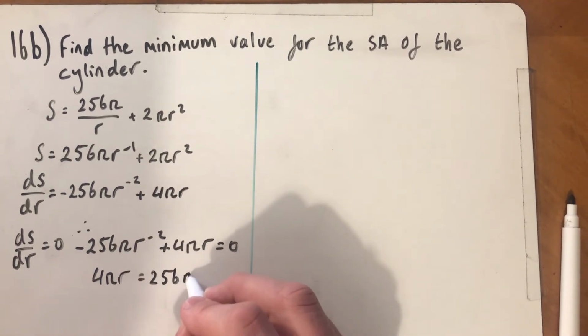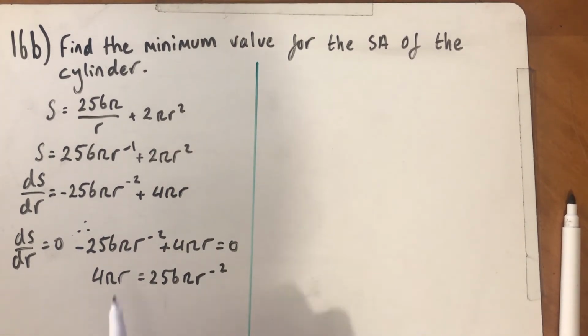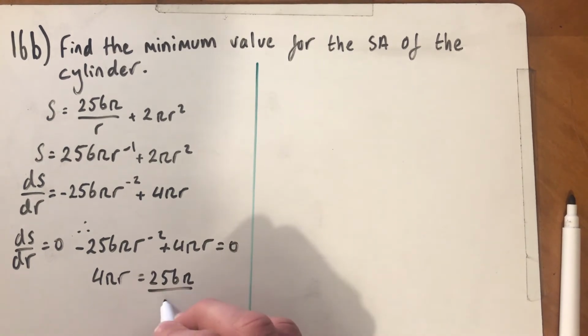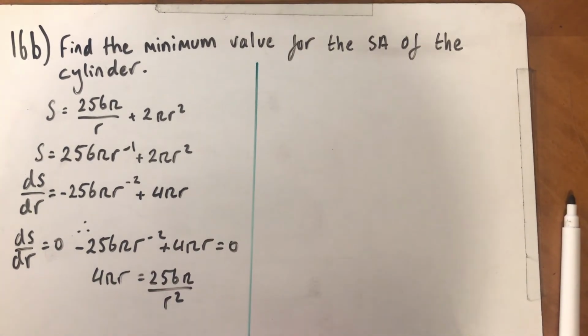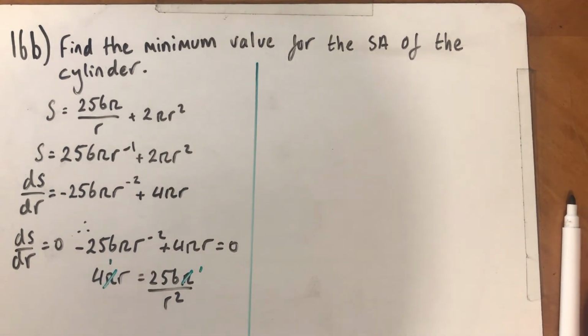So we're left with 4 pi r on the left hand side equals plus 256 pi r to the minus 2, and then again I would apply the indice laws and change this to 256 pi over r squared. Now we realize that the pi's cancel, so we're just left with the 1 on either side.